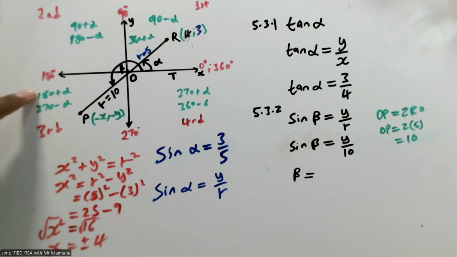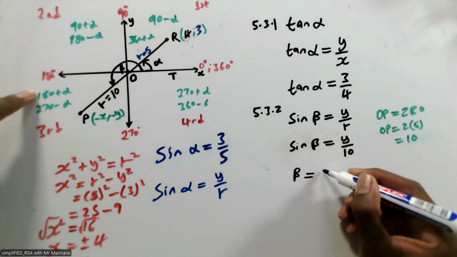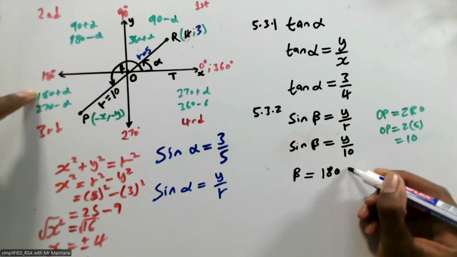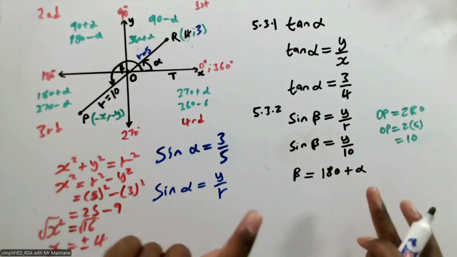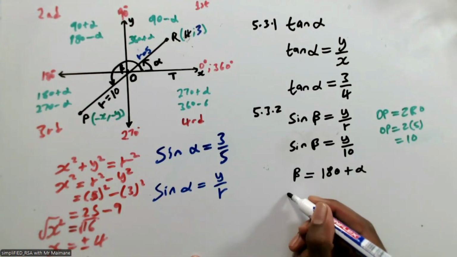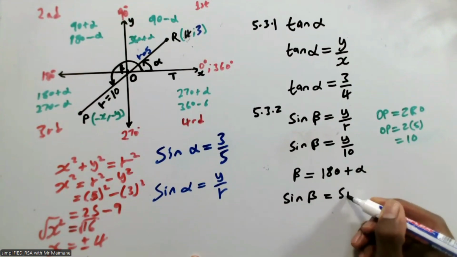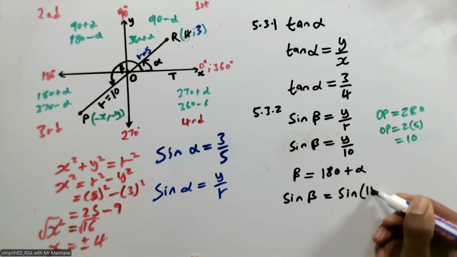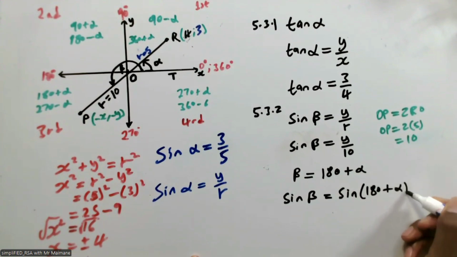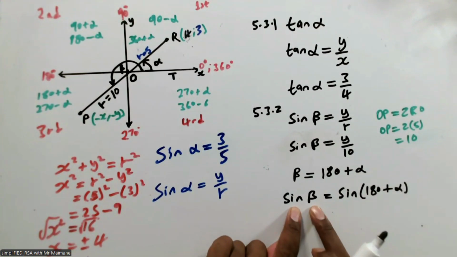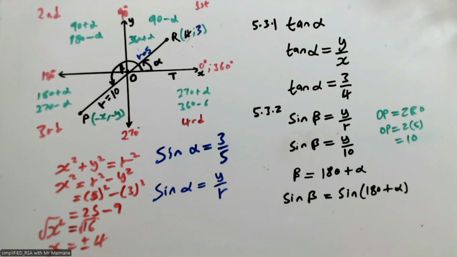But then I'm just going to choose this one. So let me say beta is the same as 180 plus alpha. What does this mean? It means that sine of beta is the same as sine of 180 plus alpha, meaning I can represent beta in the form of alpha if I wanted to.